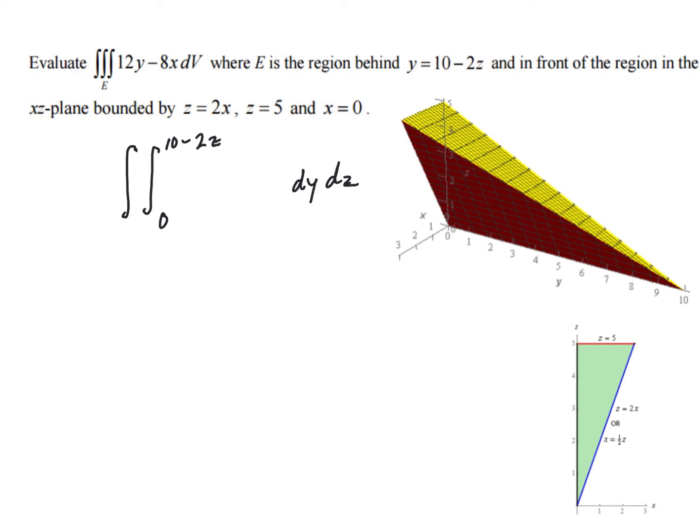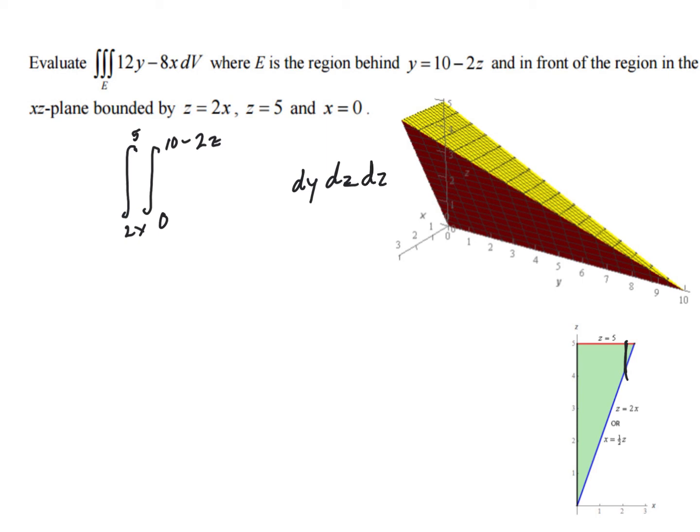So I'm going to go from 2x up to 5, right? Because the bottom is 2x, top is 5. And remember, if I've chosen z as my differential, I can have a z in my bound. You have to look down the road a little and ask: if I integrate and plug in z's and then have no z's left to integrate, that isn't going to work.